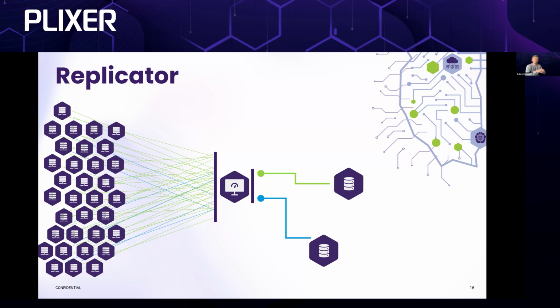So in this model, the real goal is to configure those devices to send to a single IP that will be the replicating device, and then allow the replicator to handle the rest of the distribution of that data upstream to your analytics and collection stack or your SIEM or whatever's collecting the syslogs.